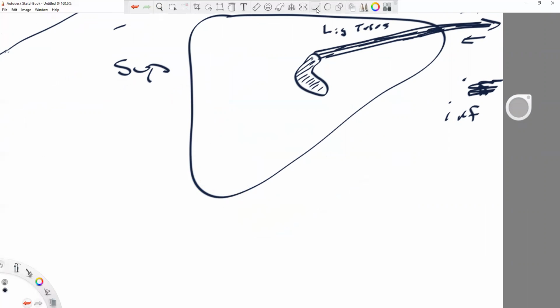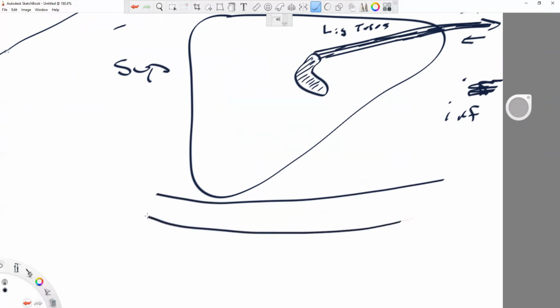Let's draw in the IVC. And I guess I didn't quite do that right, so I have to erase just a little bit of that and draw it in again.